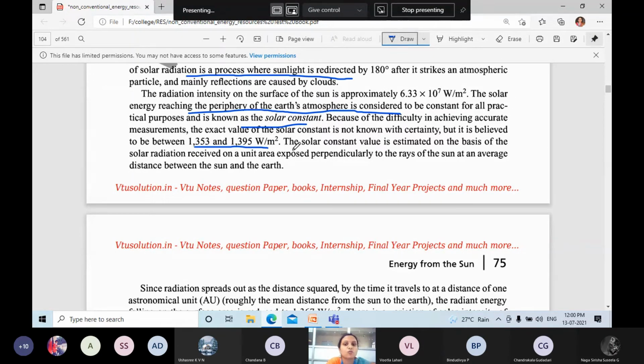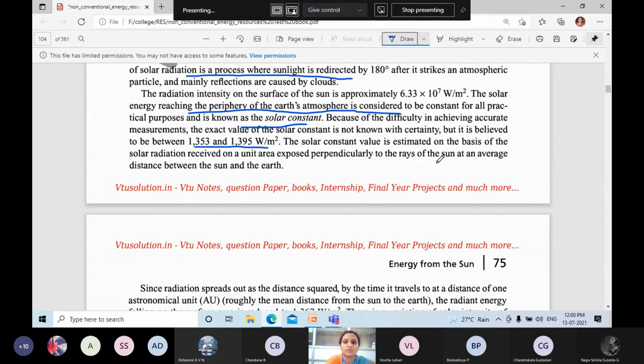The solar constant value is estimated on the basis of solar radiation received on a unit area exposed perpendicular to the rays of the sun, at the average distance between the sun and the earth. How can we estimate the solar constant value? It depends on how much energy we receive on the unit area which is exposed perpendicular to the rays of the sun.